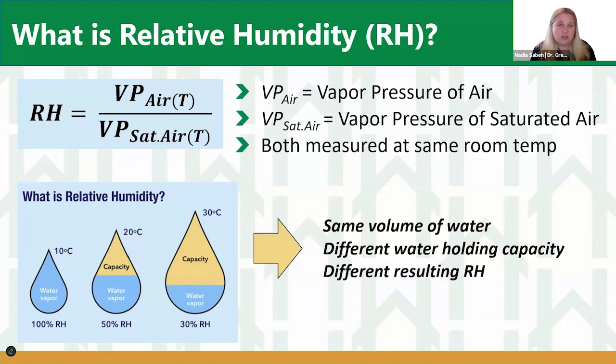We're just changing the size of the glass, the size of the vessel that can hold that water vapor. And then if we increase the temperature again by another 30%, now all of a sudden the relative humidity is only 30%, not because we removed or dehumidified the air, but just because the temperature of the air increased.